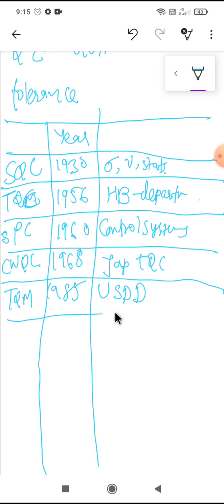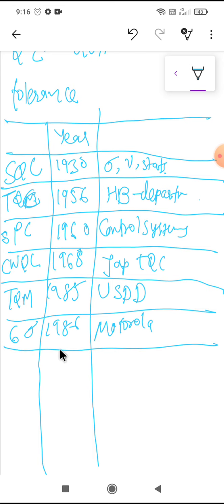Then in 1986, after TQM, Six Sigma, statistical quality control applied to business strategy, was originated by Motorola and applied in their company. Then in 2001, Lean Six Sigma came into existence. So Six Sigma was combined with the principles of lean manufacturing and lean enterprise.